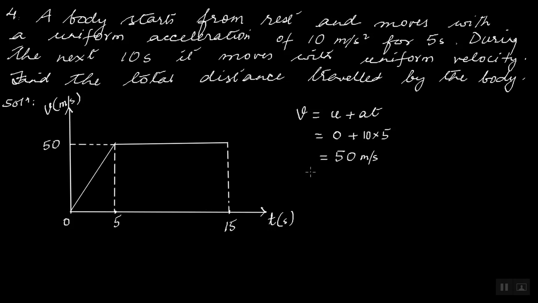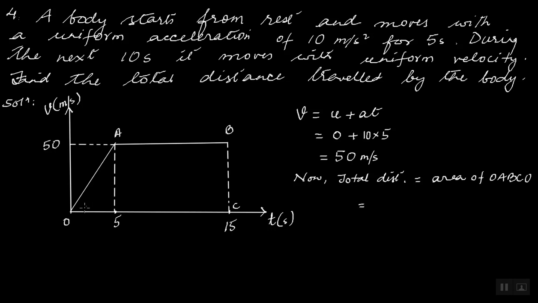Got it? Okay, so the question says that you have to find the total distance traveled by the body. So now, what is the total distance? Because this is a VT graph, the total distance will be equal to the area of, let's name this as O, A, B, C, of O, A, B, C. That means of this polygon out here, a quadrilateral basically.